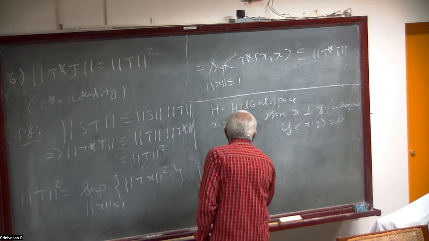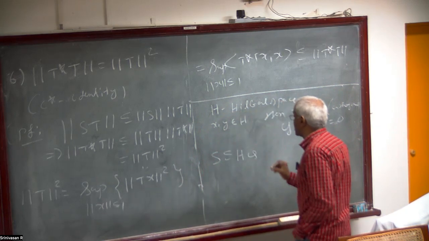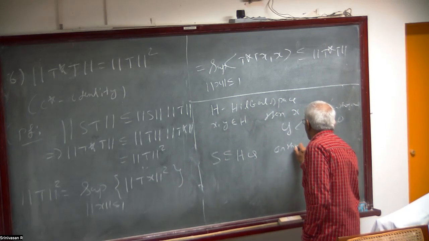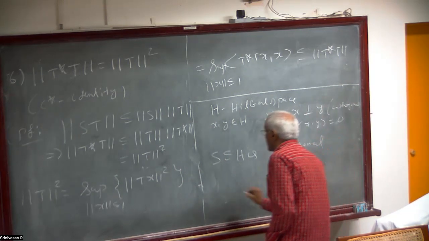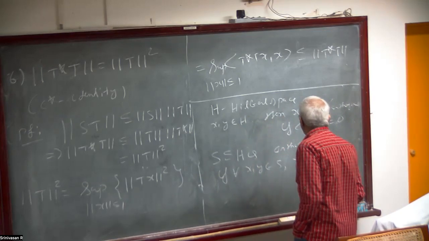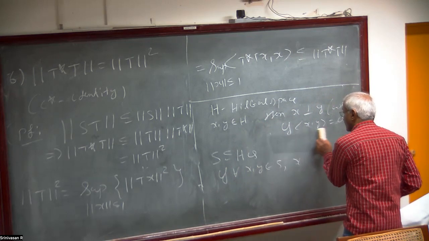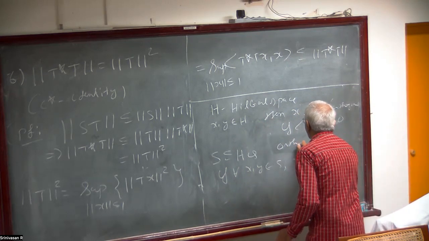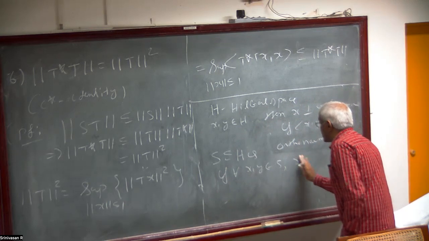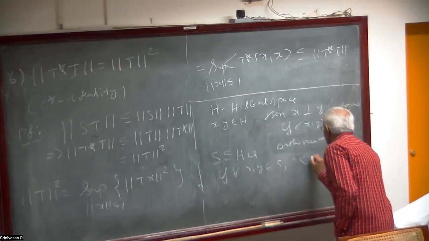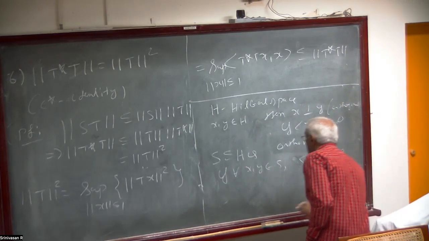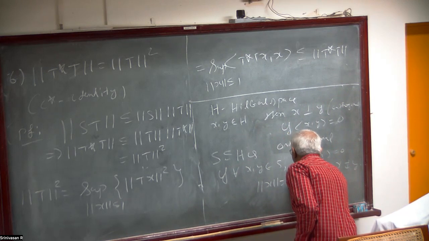A set S contained in H is said to be an orthogonal set if for all x, y in S, the inner product of x, y equals 0 when x is not equal to y. And it is orthonormal if, in addition, norm x equals 1 for all x.